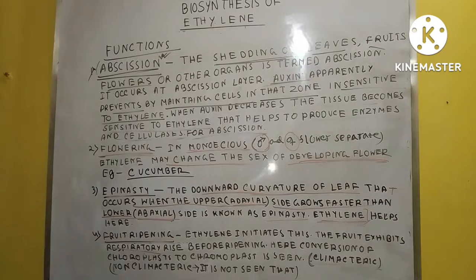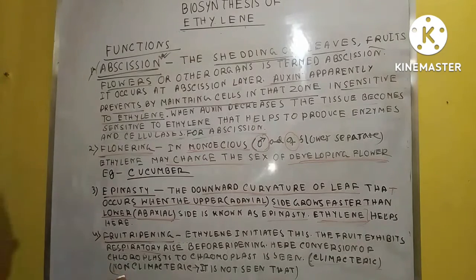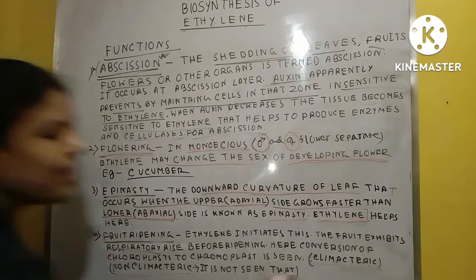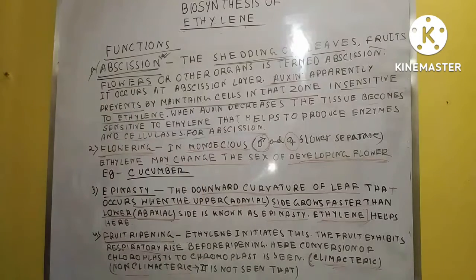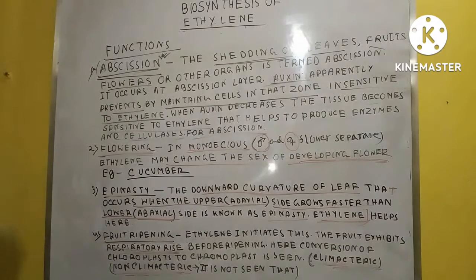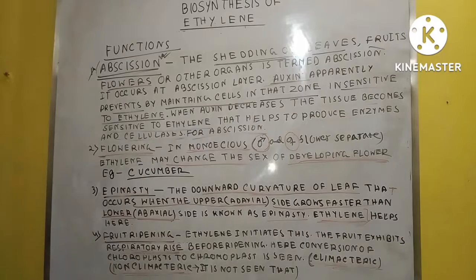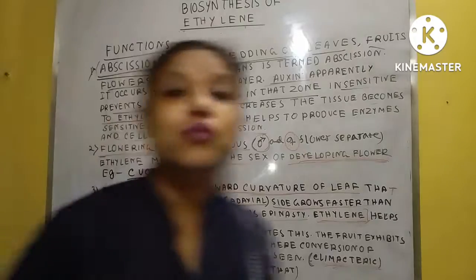And some fruits that are not fully dependent on ethylene are called non-climacteric fruits. This is important. In climacteric fruits the respiratory rise is seen, but in non-climacteric fruits the respiratory rise is not seen. Clear? So this is the actual difference between climacteric and non-climacteric fruits. These are the functions of ethylene we learned today.